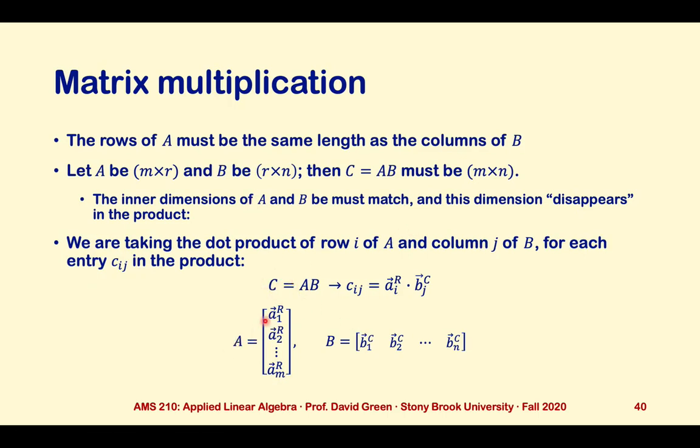If we define A as a number of rows, where each row is a vector that I'll call row i, and we define B as a set of column vectors, B1, B2, and so on, then each element Cij, the element in the ith row and jth column of C, comes from taking the dot product of the ith row of A and the jth column of B.